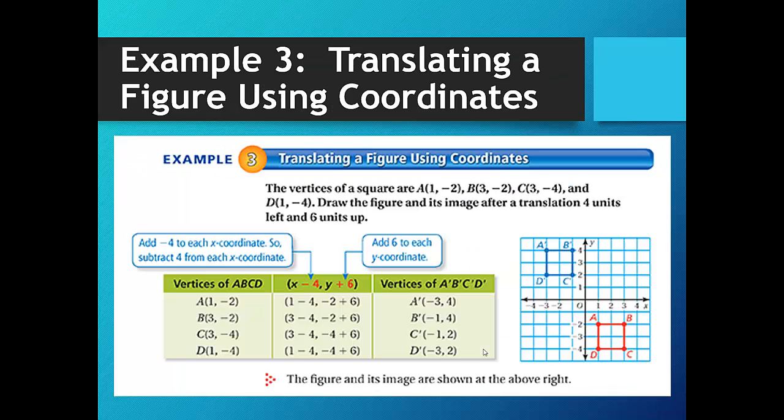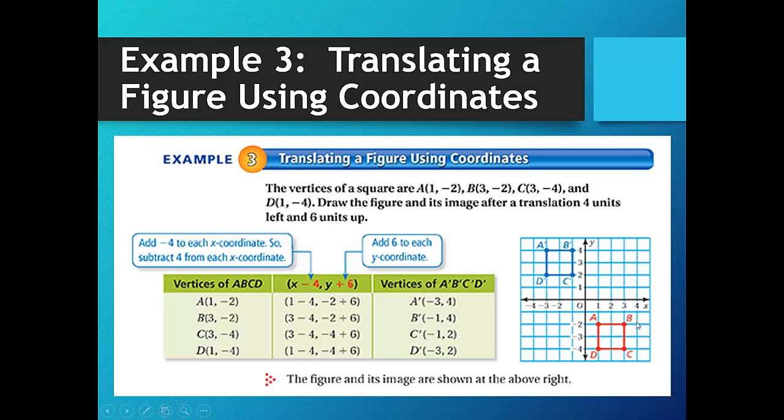For our third example, we're translating a figure using coordinates. The vertices of a square are A at (1, -2), B at (3, -2), C at (3, -4), and D at (1, -4). Draw the figure and its image after a translation 4 units left and 6 units up.